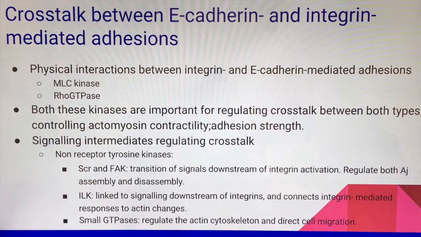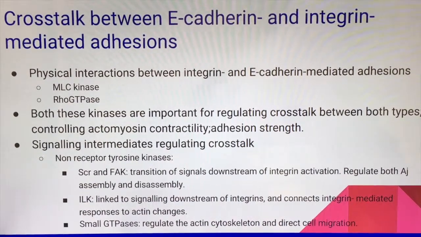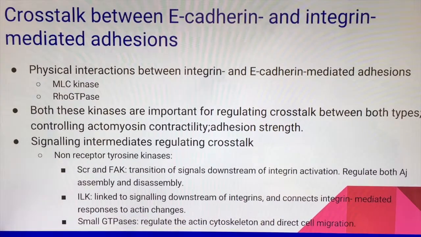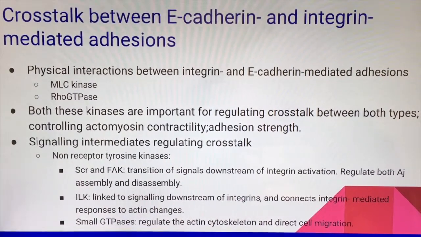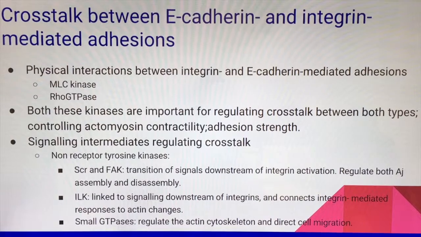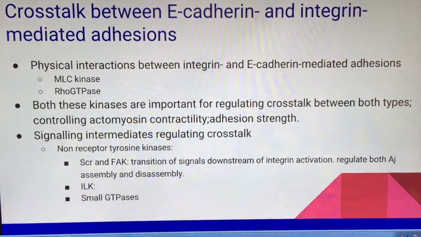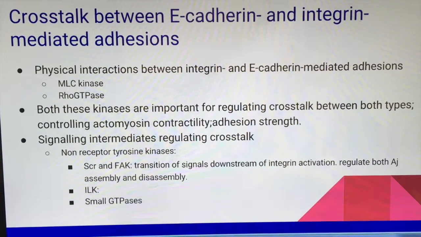It regulates the distribution of the focal adhesions and can control the directionality of the migration, but not the directionality of the speed. Cadherin and the focal adhesions regulate both adhesion junction assembly and disassembly.